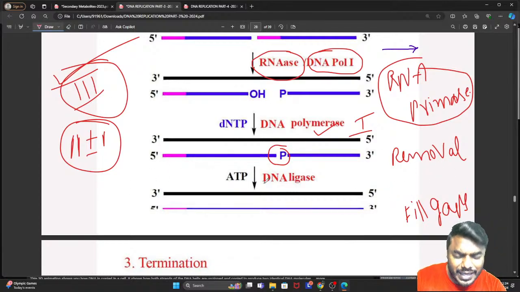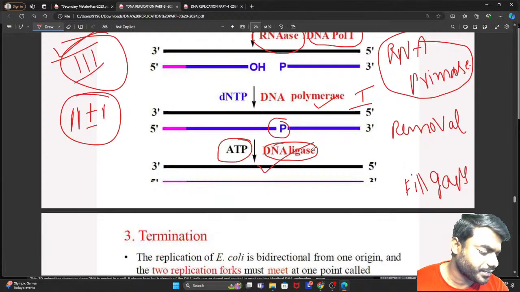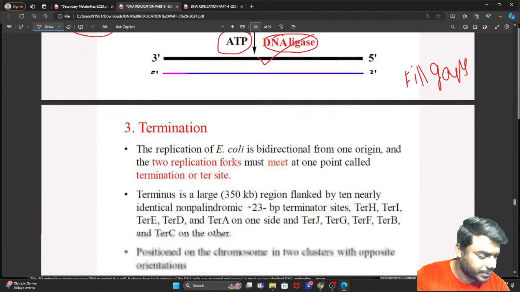Then finally ligase, with the help of an ATP molecule, will come and seal the nick or seal the gap. So friends, please never get confused. The enzyme ligase is also strictly ATP dependent. No point of getting confused over there.